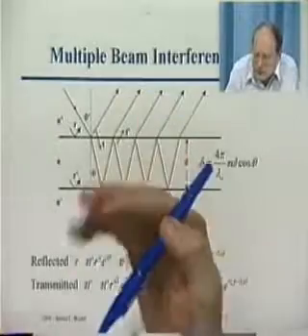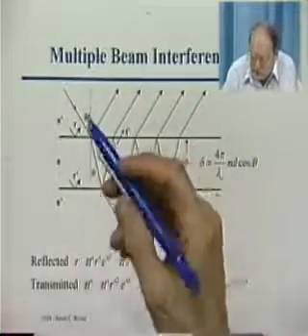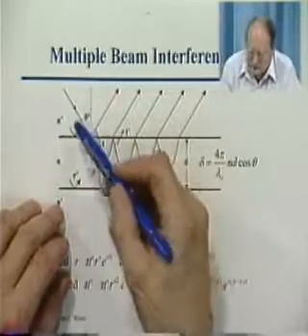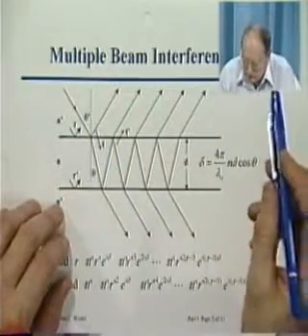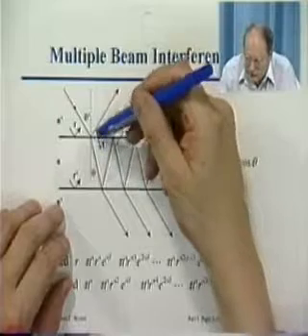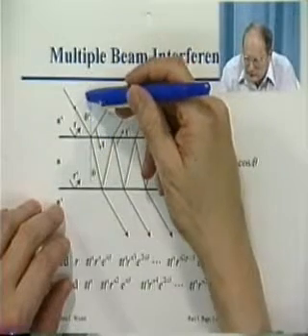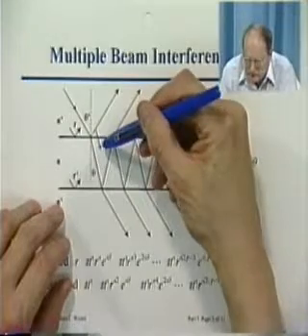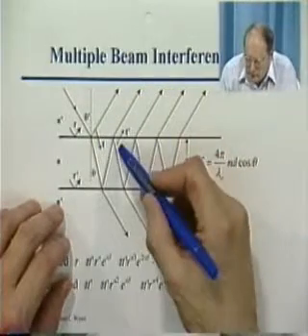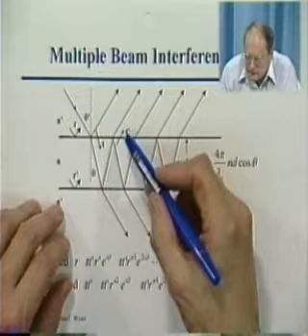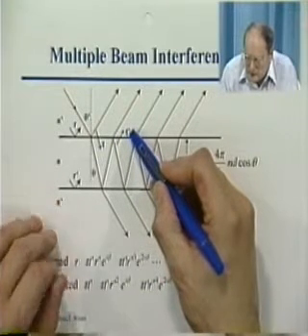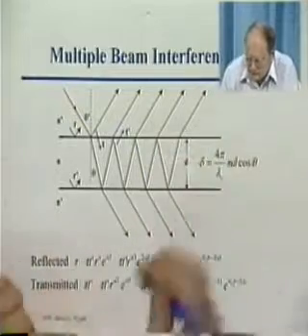And again, there may be a phase change on reflection, I don't know right now, but it will be taken into account in the phase of r or r prime. Likewise, light transmitted from outside to inside, the amplitude transmission will be little t. And from inside to outside, the amplitude transmission will be little t prime. Okay?